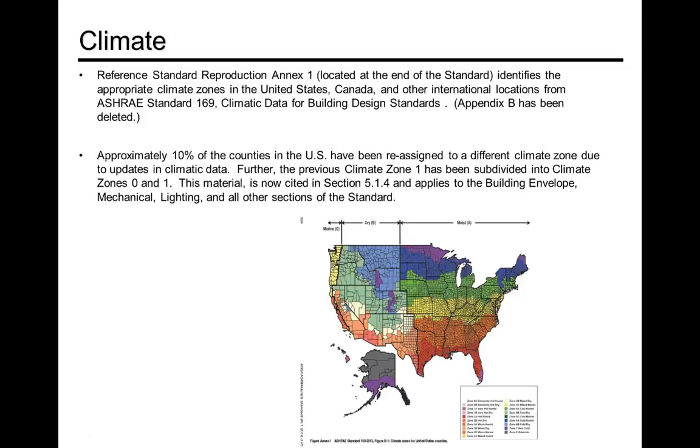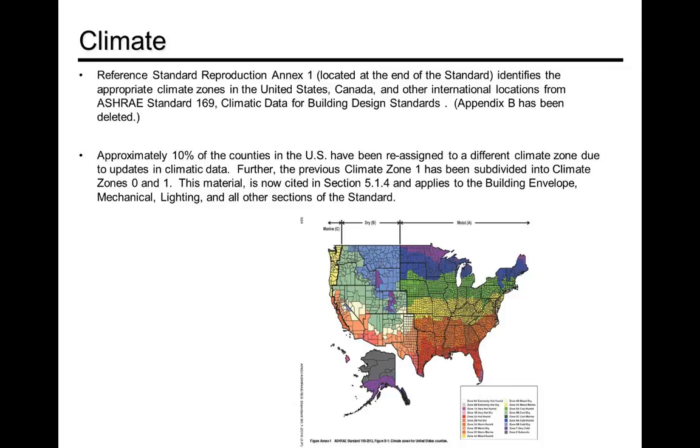In the area of climate, there's a number of things that have gone on here. The system that we've created is a reference standard reproduction annex, number 1. It's located at the back of the standard. It has the information directly from ASHRAE Standard 169, climate data for building design standards.